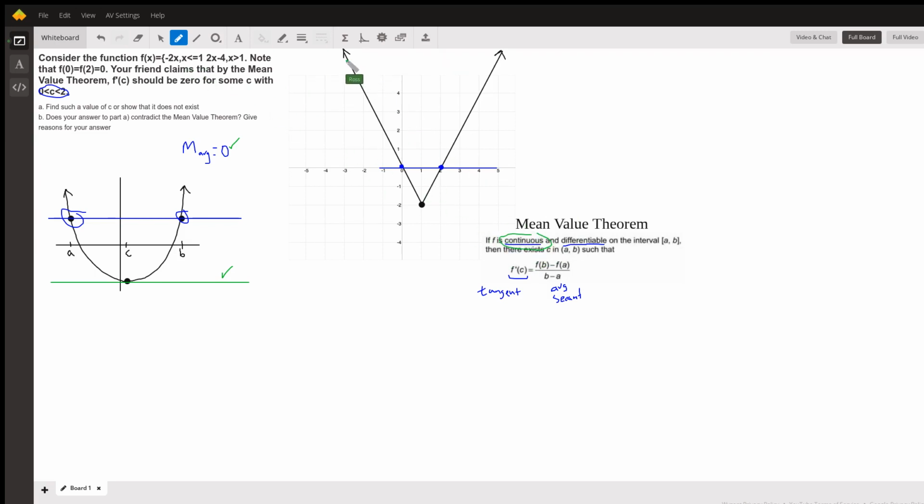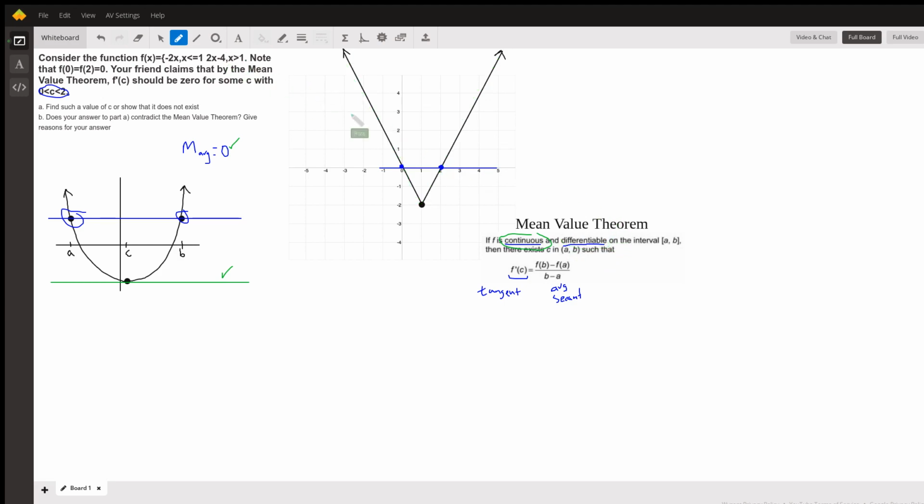Your graph is definitely continuous because there are no discontinuities anywhere on that interval. There's no jumps, there's no holes, no breaks, nothing. So it is continuous, but it is not differentiable. The word differentiable means basically you can take a derivative anywhere on your interval. And if you can take a derivative, you can get a slope.